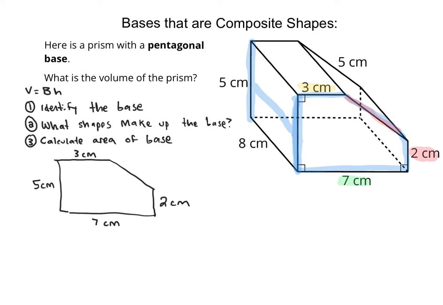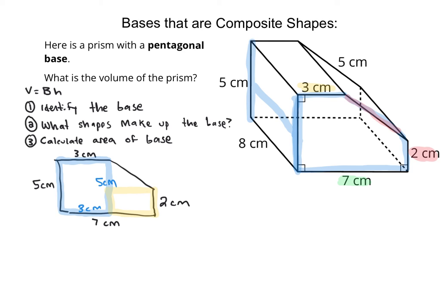Okay, now I can start breaking this up into shapes and finding the area of those shapes. So right away, what I see is right here, I have a rectangle, and my blue rectangle is 3 centimeters by 5 centimeters. And then I see that I have another rectangle right here.